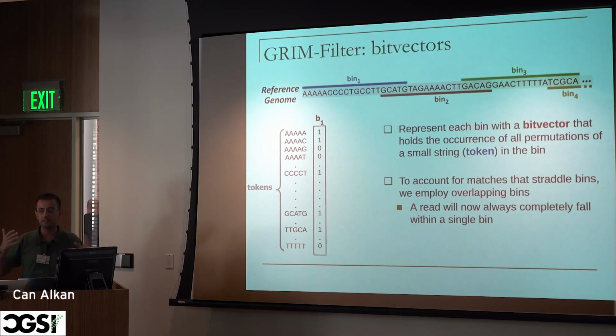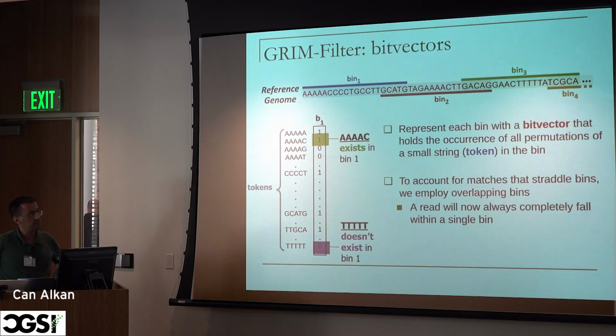It just looks at the composition. So again, AAC is in here, but TTT is not in here. We are going to quickly search for the k-mer composition. If the k-mer composition is high enough, then we are going to do the alignment. If it's not, we are going to just discard that alignment.